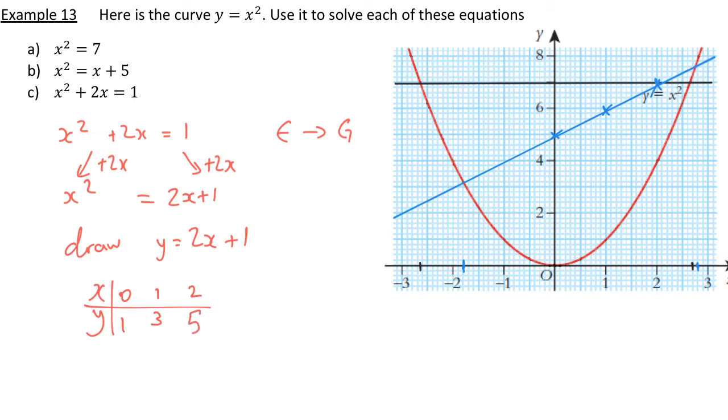So we get the coordinates 0, 1, 1, 3 and 2, 5. And again, we can draw a line. And where the line and the curve meet, we've got the x values of minus 0.4 and 2.4.